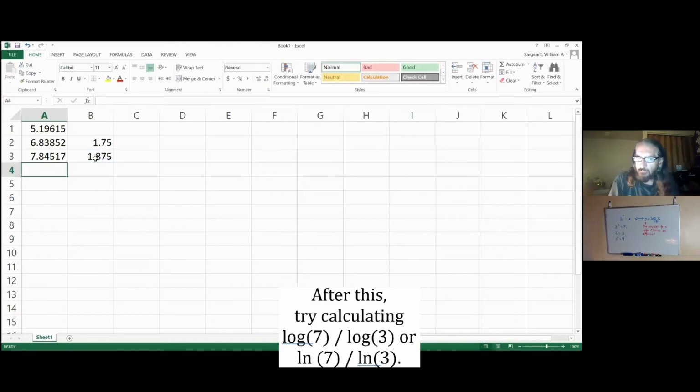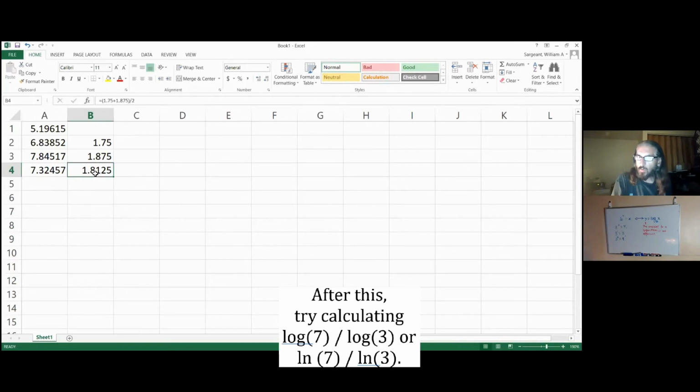And that's too high. So I'm going to back off, go halfway in between, instead of 1.875 and 2, I'm going to go halfway between 1.75 and 1.875. And raise 3 to that power. And as the exponent came down, so did the resulting answer, but it's still too high.